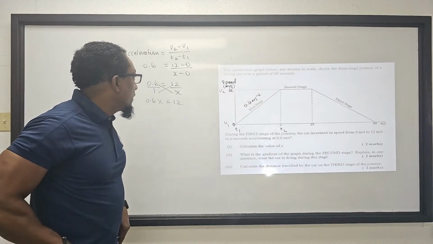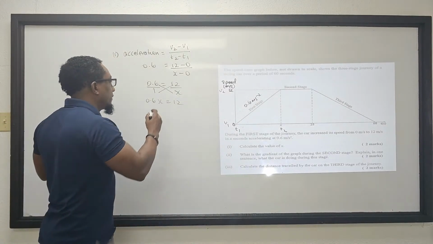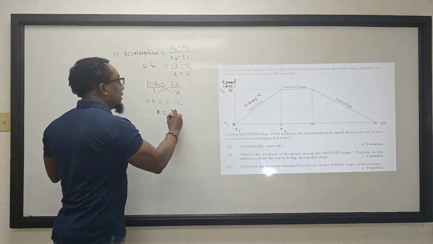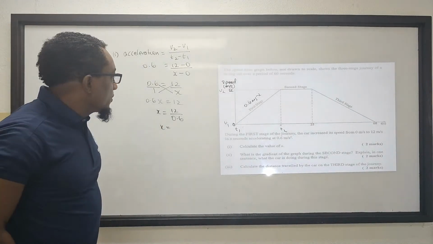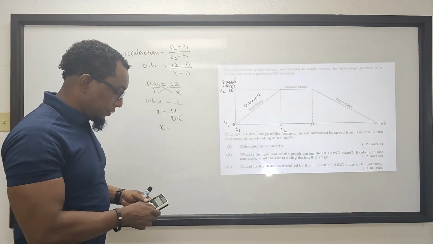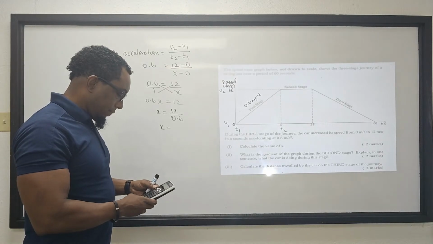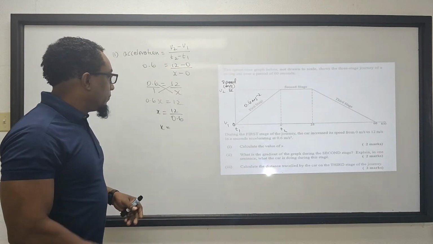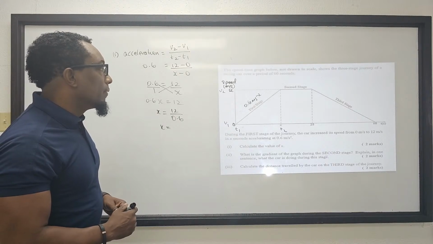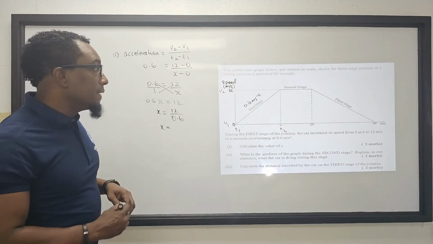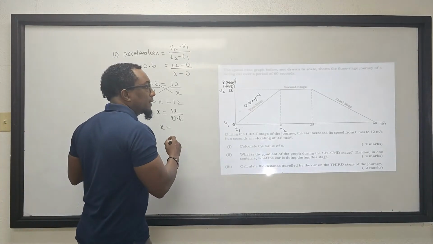Then x will be equal to 12 divided by 0.6. The value represented by x, which is a time, will be 20 seconds.